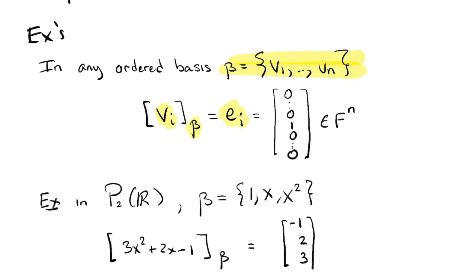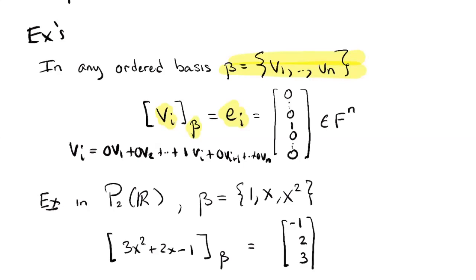Because v_i is 0 v_1s, 0 v_2s, 1 v_i, 0 v_(i+1)s, and so on, 0 v_ns. So all of the coordinates are 0 except for the ith one, it's just e_i. So e_i is what v_i looks like in coordinates with respect to the basis beta.